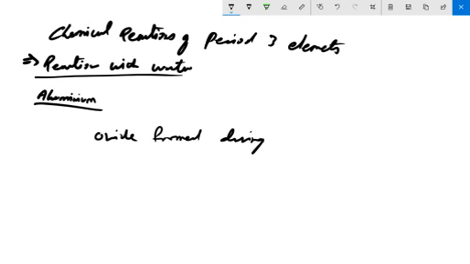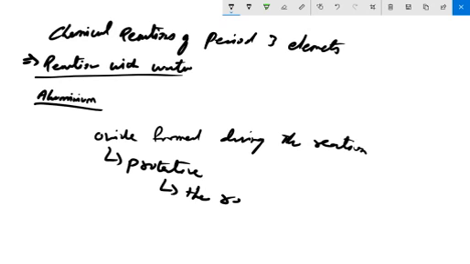This oxide layer acts as a protective layer, and as a result the reaction is slower.